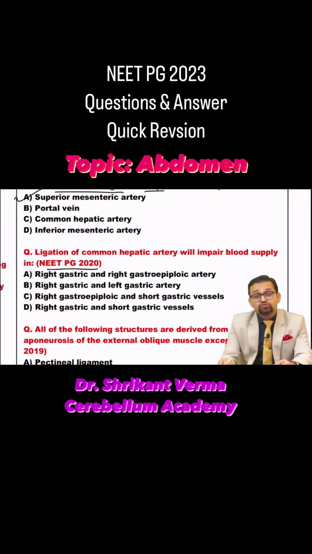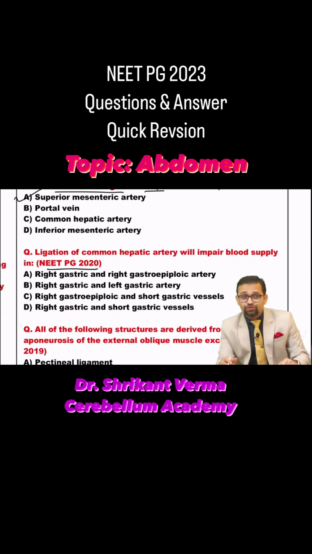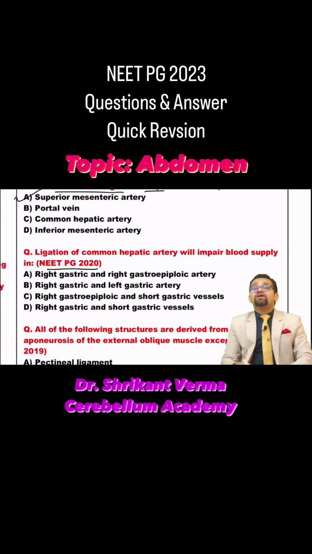NEET PG 2020. Yes, we are doing the bullet train revision of previous year questions. Ligation of the common hepatic artery will impair blood supply in which part? So the blood supply of the stomach you have to learn. The common hepatic artery divides into the proper hepatic artery and the gastroduodenal artery. Now remember that our common hepatic artery gives the right gastric artery.